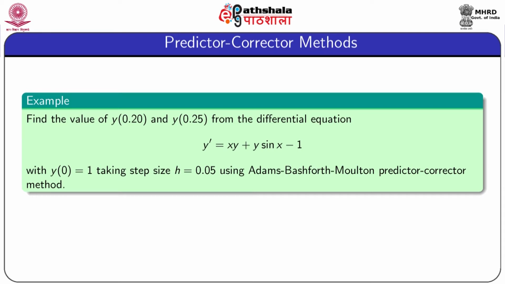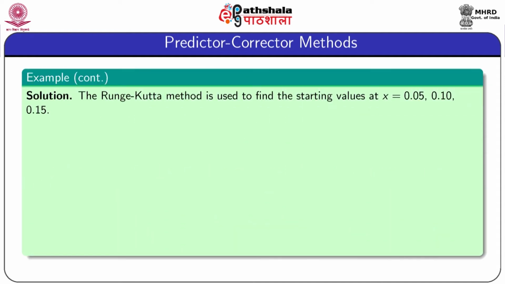We have to calculate the value of y at x equal to 0.20 and 0.25. So, we have to calculate two values of y using the Adams-Bashforth-Moulton predictor corrector method. To calculate the starting values, that means the value of y at x equal to 0.05, 0.10 and 0.15, we use the Runge-Kutta method.